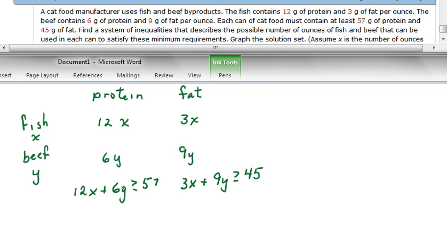I'd like to solve those for Y. So 6Y is greater than or equal to 57 minus 12X, and 9Y is greater than or equal to 45 minus 3X.